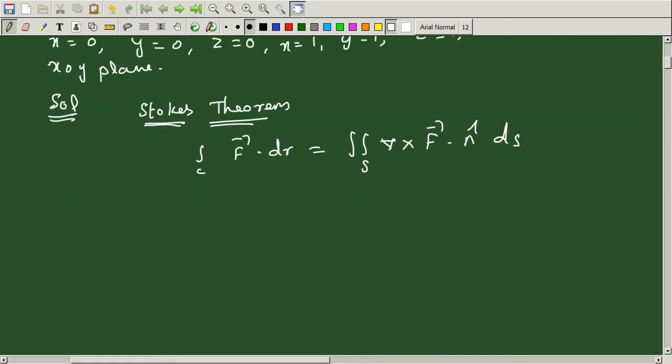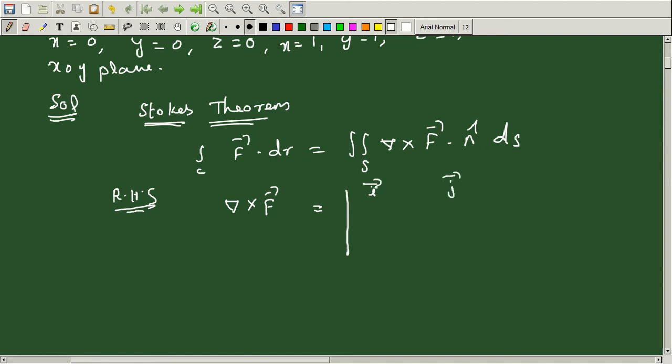So for the RHS, we have to find del cross F, which is very important here. So first, let's find del cross F. Del is nothing but the gradient, and the F vector is given in the question.